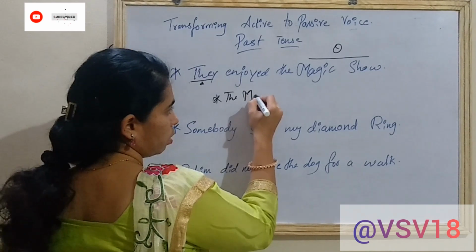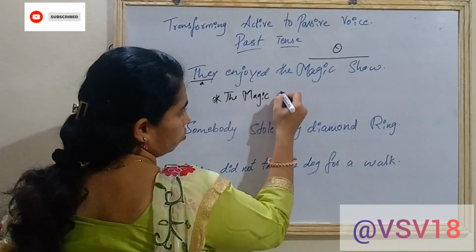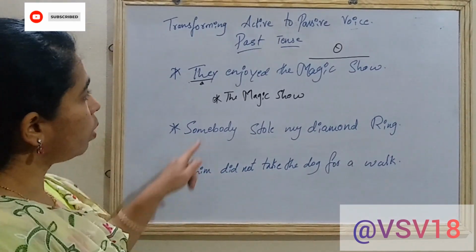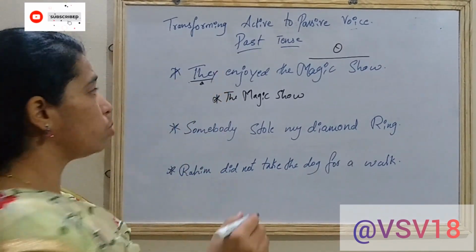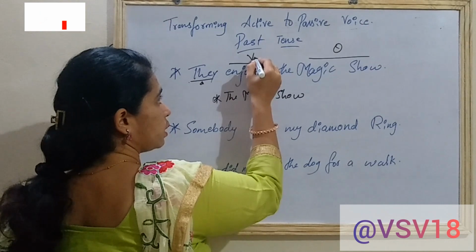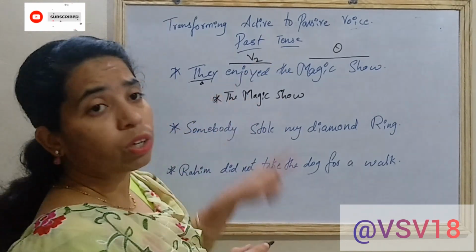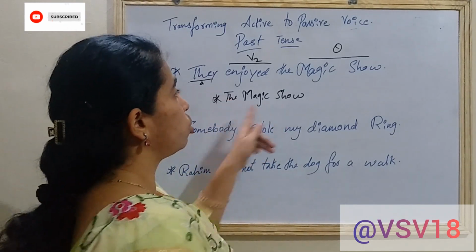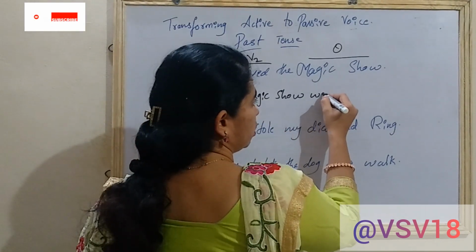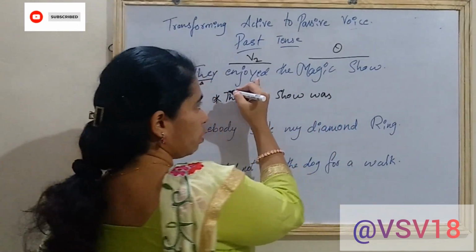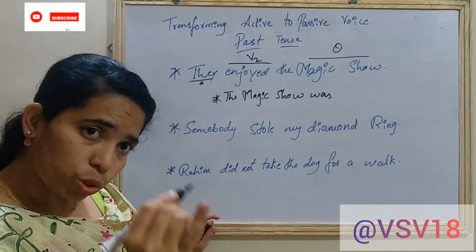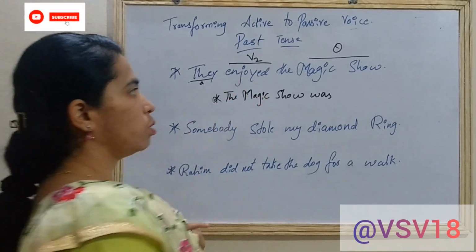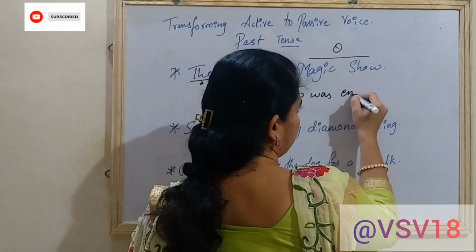The magic show. Now enjoyed is already in V2 form of the verb, it is in past tense. We have to change it into V3 form. So the magic show was enjoyed. The V2 and V3 forms of enjoy are the same, so enjoyed.